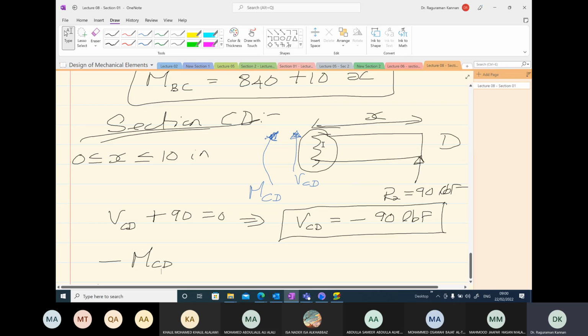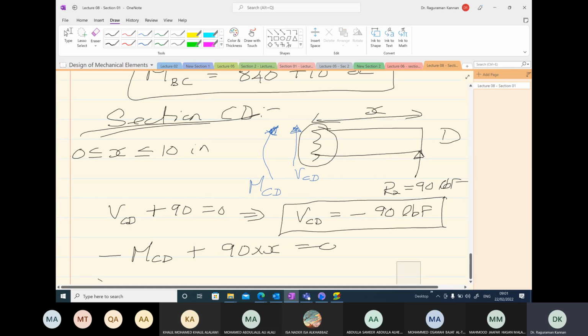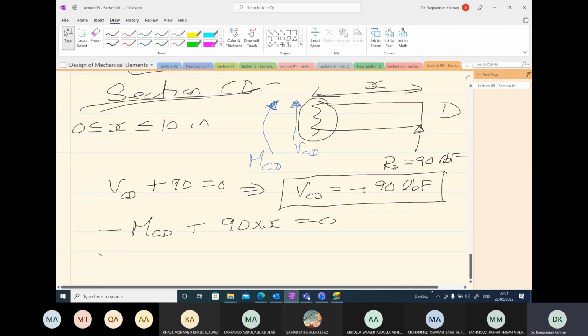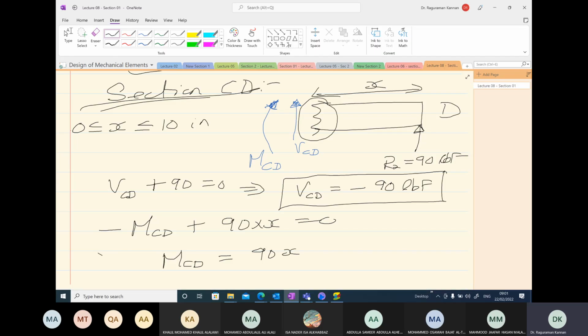This 90 pound force leads to anti-clockwise rotation, therefore it should have a positive value. 90 times x must be equal to 0, and we get the positive bending moment value equal to 90x. Remember, x starts from the right end and x increases towards the left here.